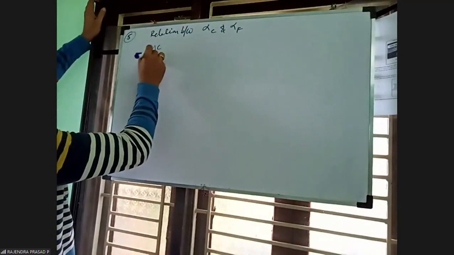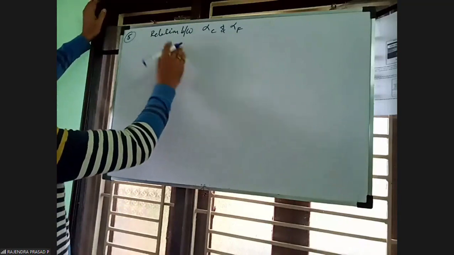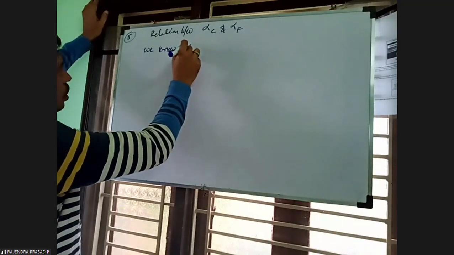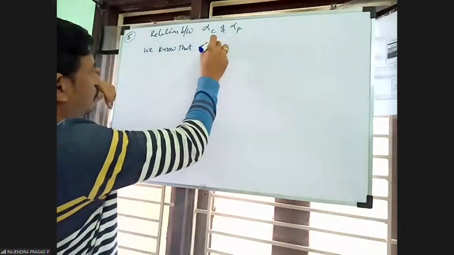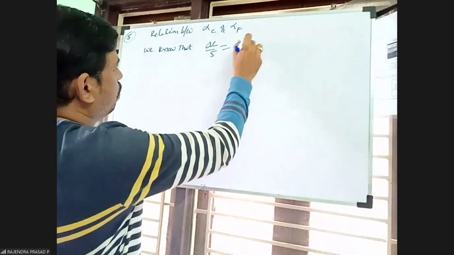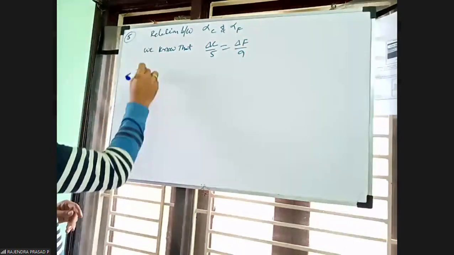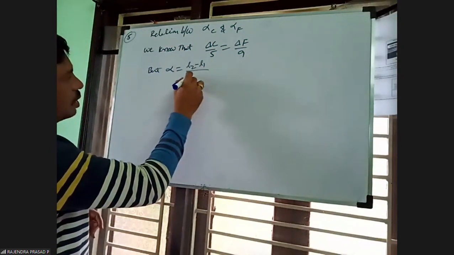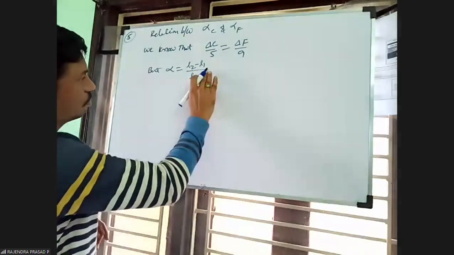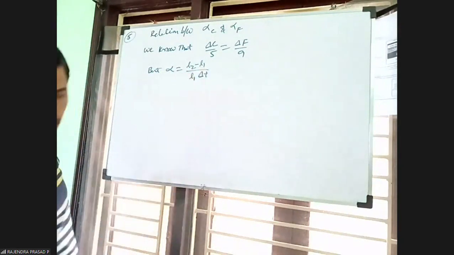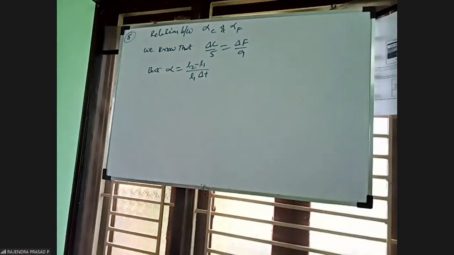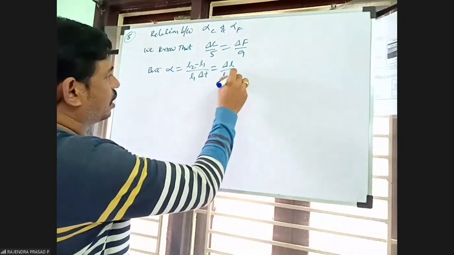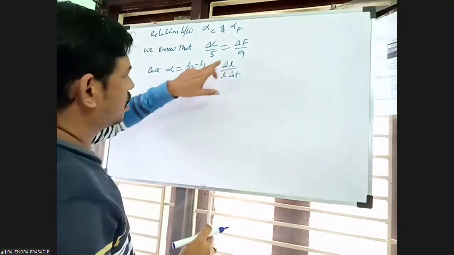Generally, delta C by 5 is equal to delta F by 9. But alpha is equal to L2 minus L1 by L1 into delta T, that is delta L by L into delta T, where delta L is the change in length.